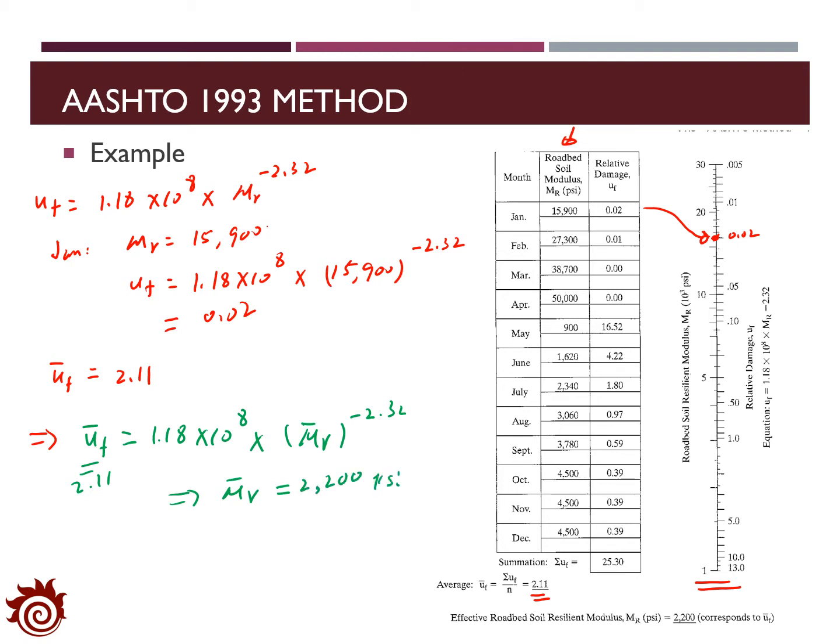Or you can go to the figure on the right with the value of UF bar as 2.11, which will be some point here, and by checking the value on the left, you can get the adjusted resilient modulus as 2200. So that's the way for us to use the resilient modulus of each month to find out the adjusted resilient modulus for the whole year.